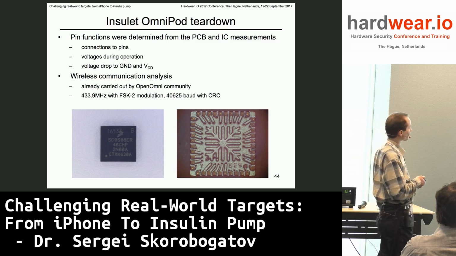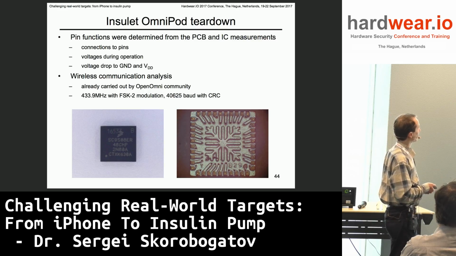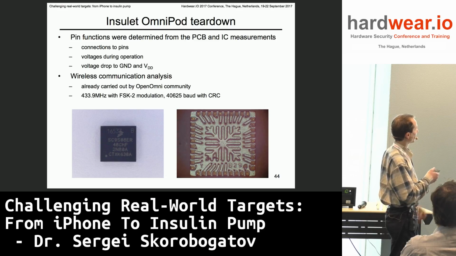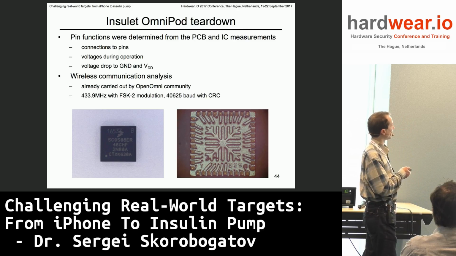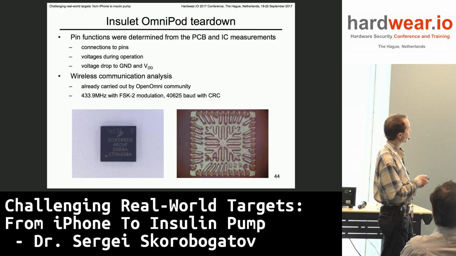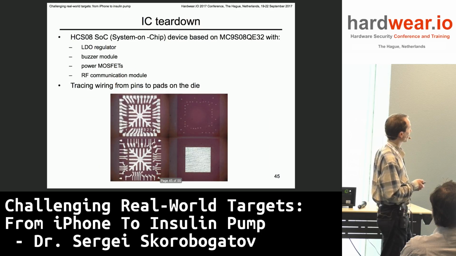So the next step was to try to figure out the connections of the pins, and I also analyzed the wireless communication, and most of this analysis was already carried out by the OpenOmni community. They found that the communication is at 433.9 megahertz with FSK2 modulation, and a 4625 baud rate with some error correction.